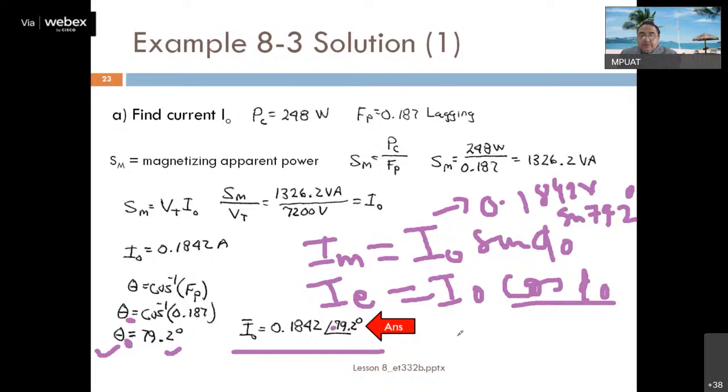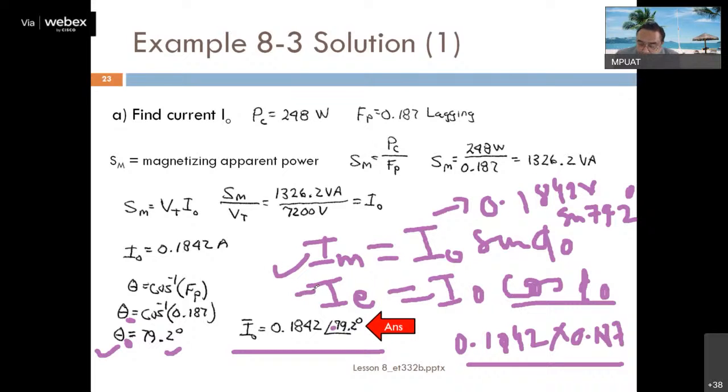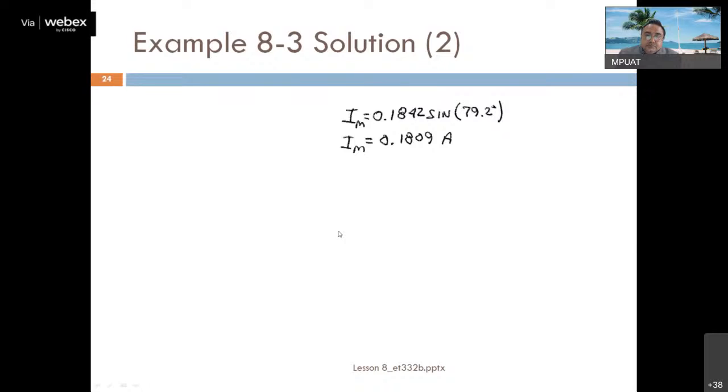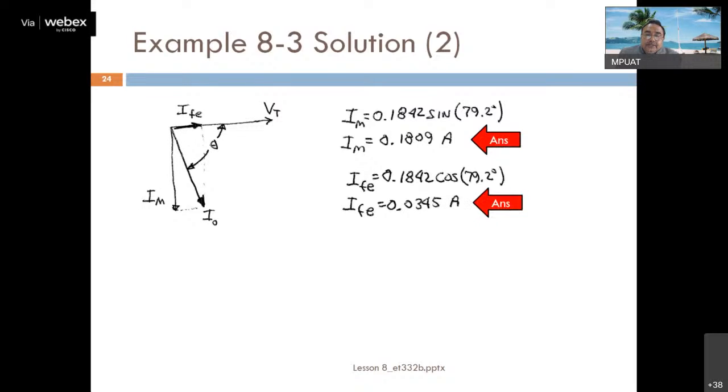Similarly, IE will be 0.1842 multiplied by cos phi naught, which is already given as 0.187. So you just substitute these values and you will get these two components. This is the magnetizing component and this is the core loss component. Is it clear, or any doubt? Then please write in the chat box, I can explain again.